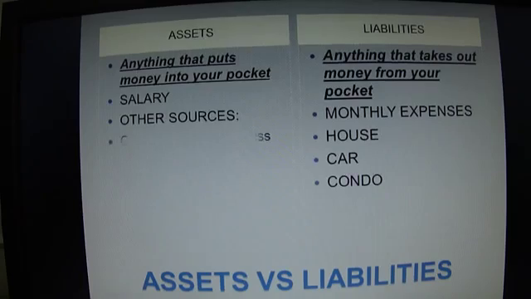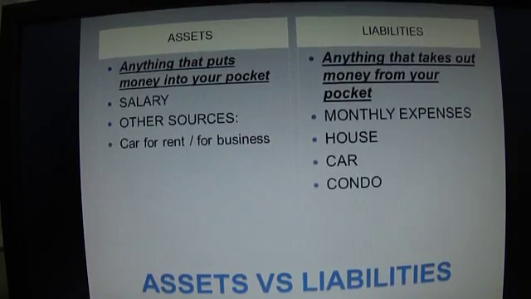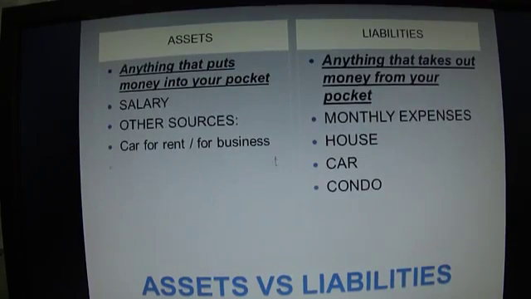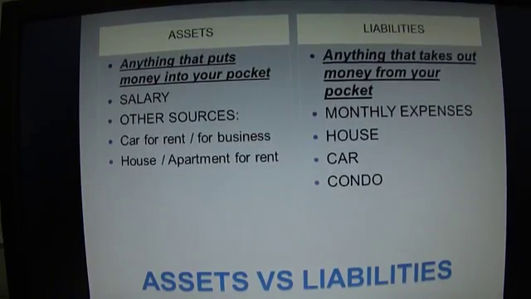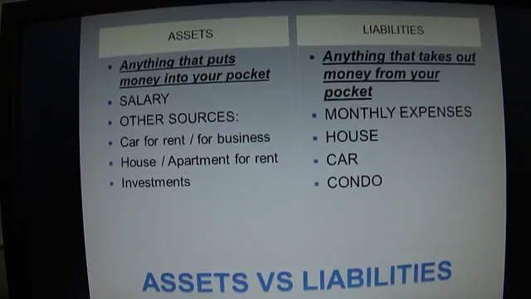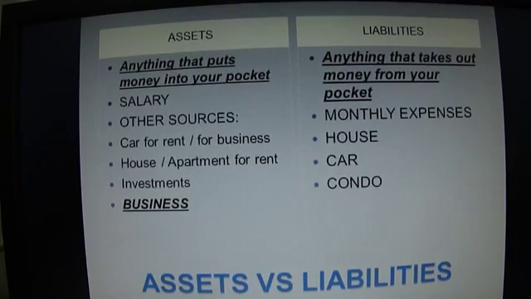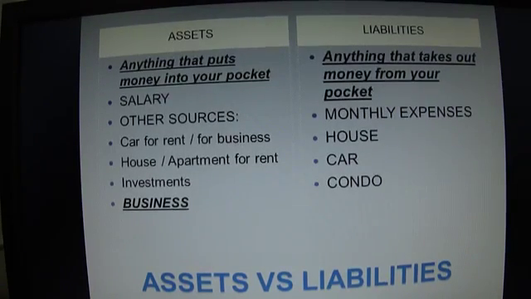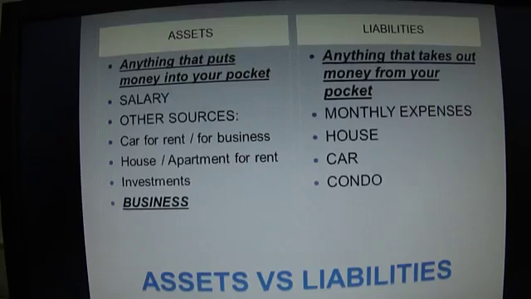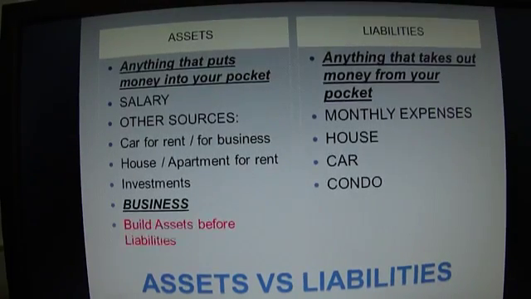To convert liabilities to assets, that very same car, house, or condo, if rented, will become assets because it generates income. Our investments, our businesses, they are all our assets. So I repeat, build assets before liabilities.